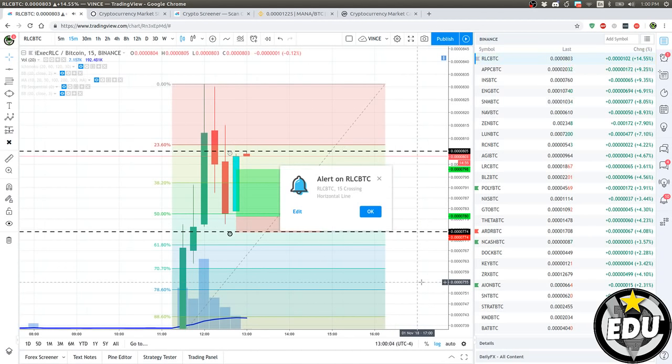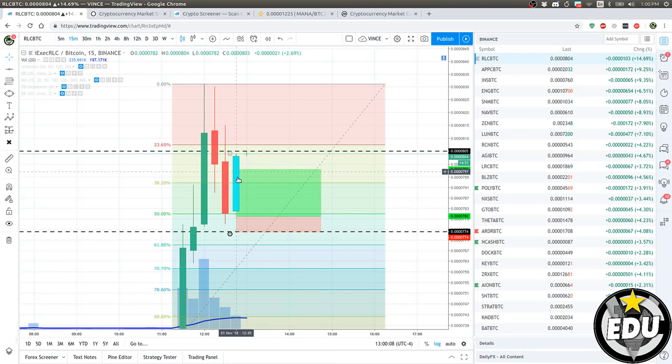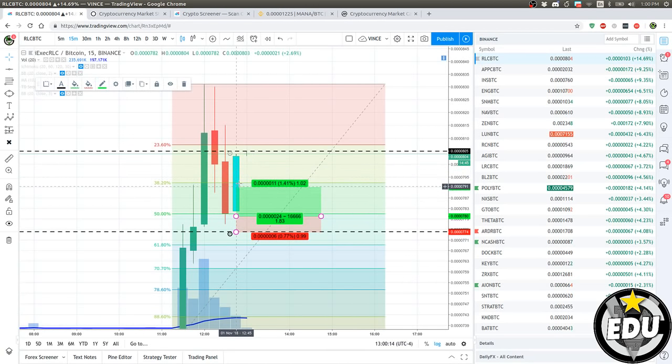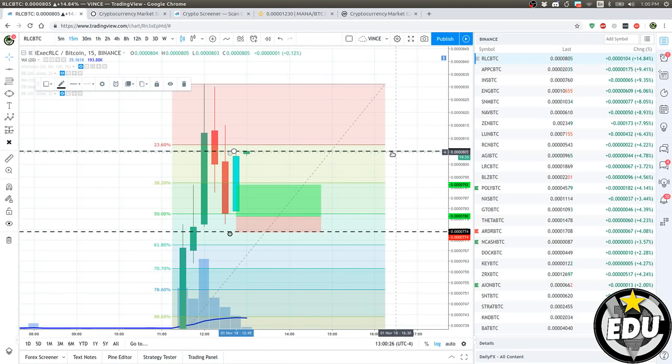Like with RLC, I mean, yeah, RLC is pumping, so you either take profit there, or if you want, raise your stop loss to, I don't know, 2R, and just take your chance to go up, and if you get hit, you're still making 2R. That's another way. Raise your stop loss here, and we'll see how we go.